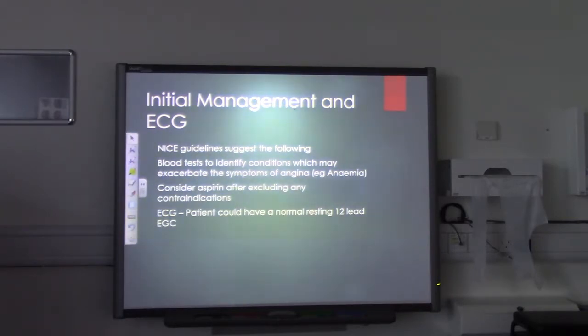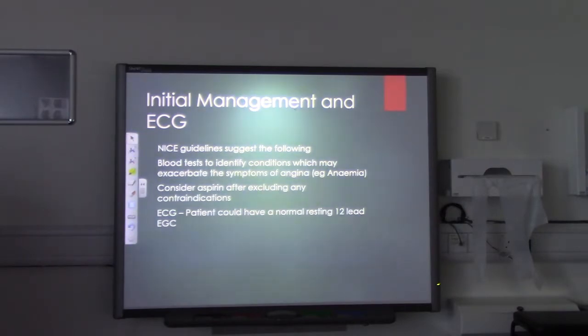They will talk about consider aspirin after excluding any contraindications. Remember, aspirin, in the case of cardiovascular disease, is used as an antiplatelet drug, and when we look at the cardiovascular pathology lecture, then we've talked about the response to injury hypothesis, and that the initial factor in the development of a plaque is damage to the endothelium, and then the platelet aggregation that follows that.